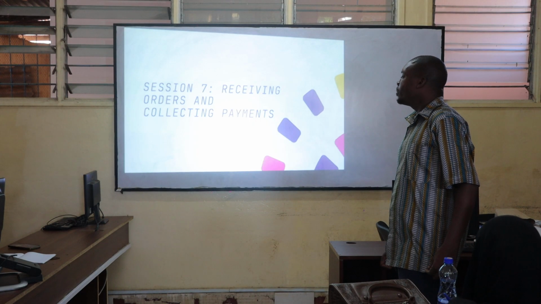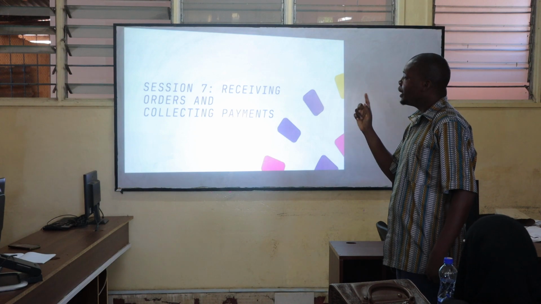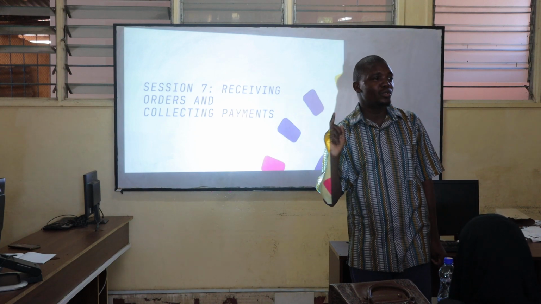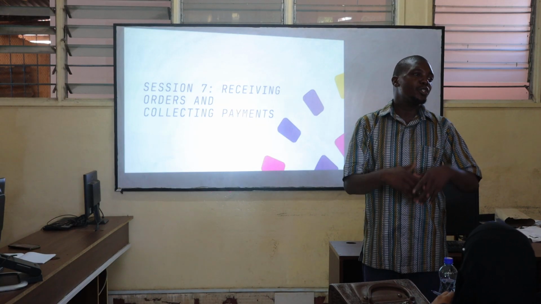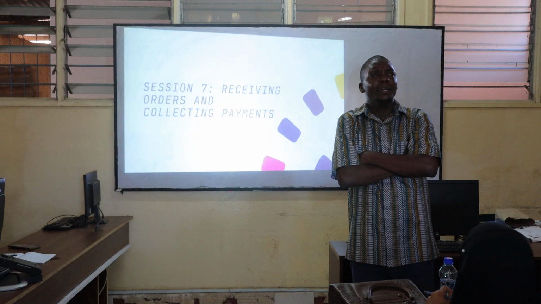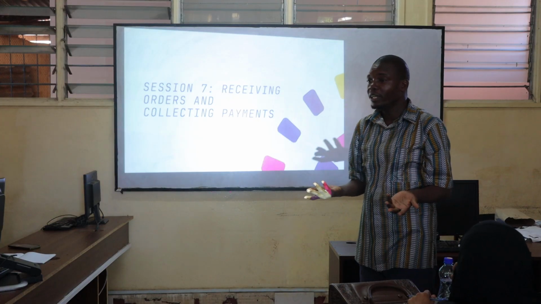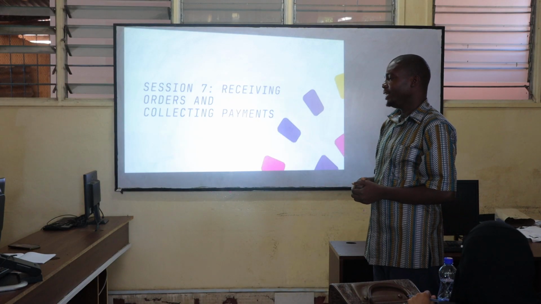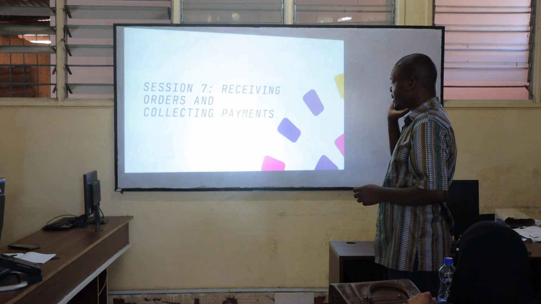Because if you cannot receive an order, in fact, before I knew how to make orders in Jumia, I used to have a lot of problems. I would order something and maybe I had not specified where I should collect it. So now I'm just waiting. Is it not coming? It turns out the order is incomplete. You see? So we will learn how to receive orders and also collect payments.